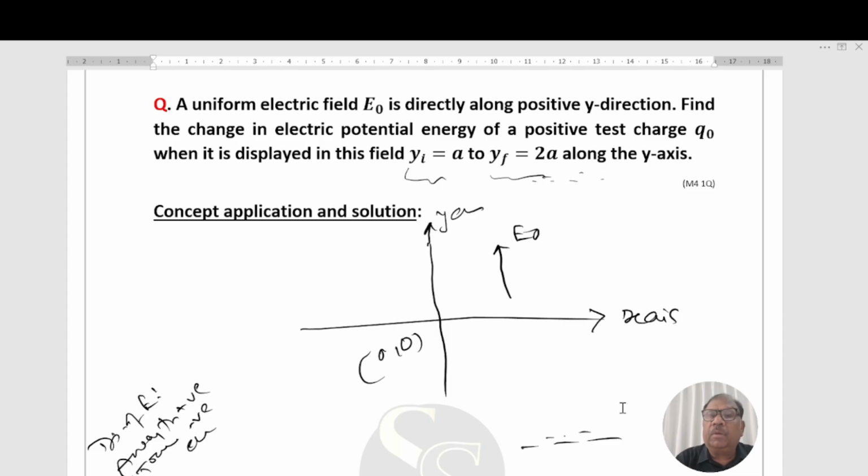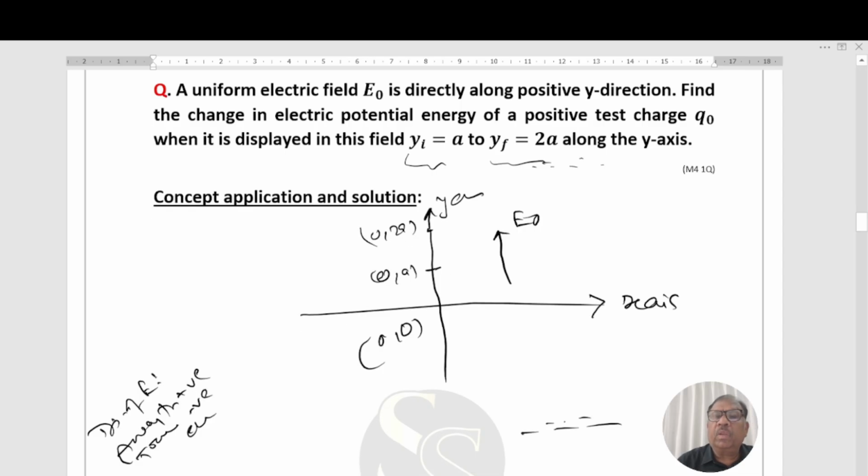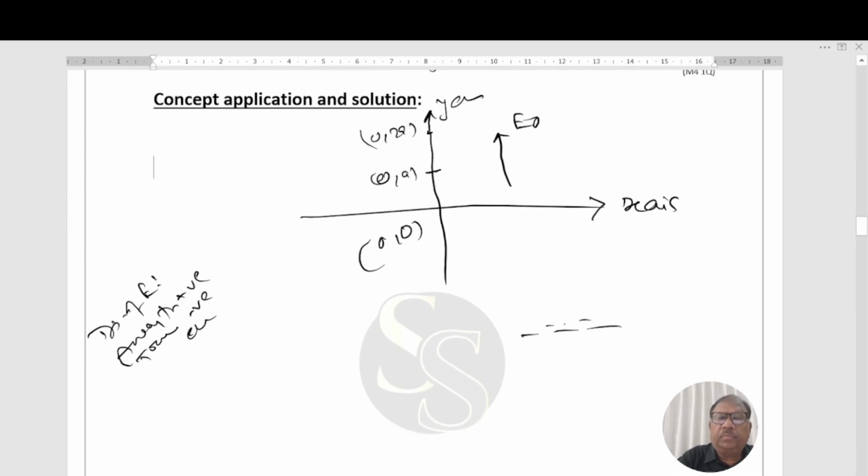Now we have to find the electric potential energy when the positive test charge Q naught is displaced from point A. This is point A, and this is point 2A. Work done is positive, therefore delta U will be negative.